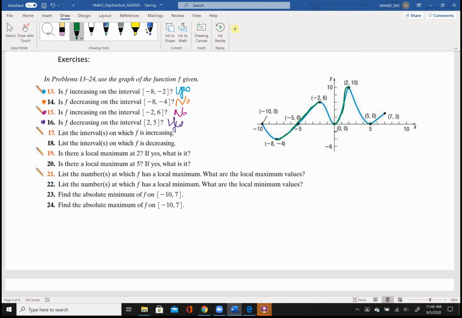And then lastly from 5 to 7. Okay, so list all those intervals and include the endpoints, okay? So that'll be, again, from -8 to -2, from 0 to 2, and then from 5 to 7.